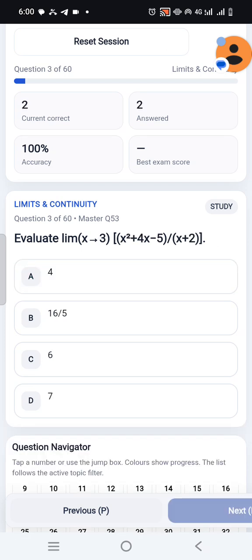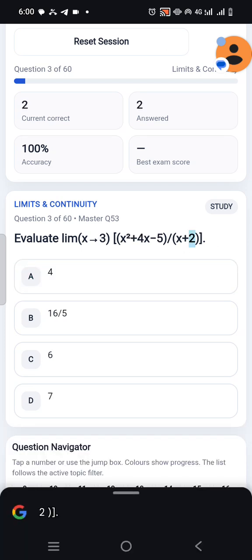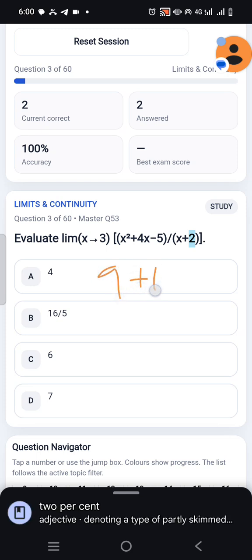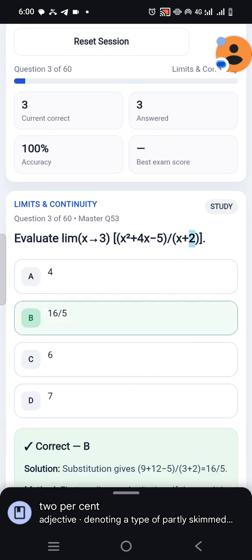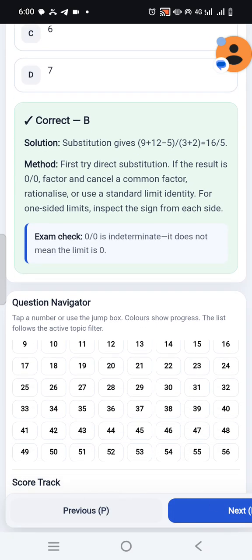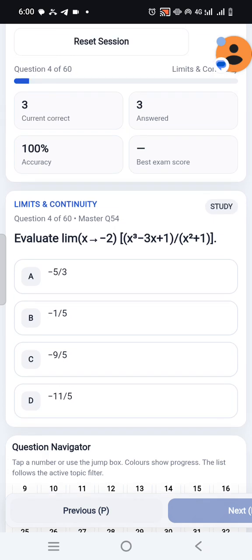So this is also straightforward. My denominator is not giving me 0, so I can proceed. 3 squared is 9 plus 4 times 3 is 12 minus 5, all over 3 plus 2. My x is 3. 9 plus 12 is 21. 21 minus 5 will give me 16. That is 16 all over 5. That happens to be B. Then the next question, I have to find this when x is equal to minus 2.